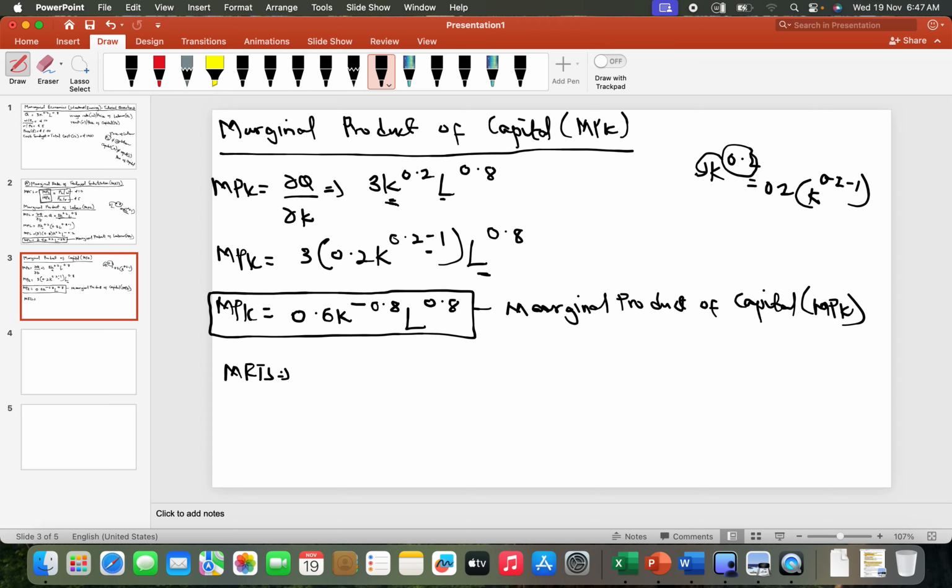The MRTS, per the MRTS, we had MPL divided by MPK, which is equal to price of labor over price of capital. Price of capital is the same as rent. Price of labor is the same as wages. So we substitute the equation into it.